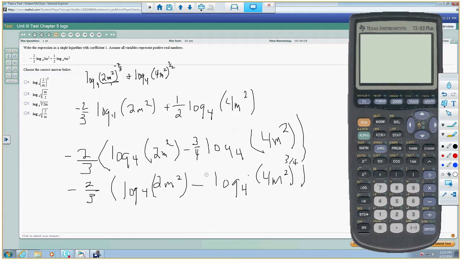And now we can do this. So that's going to be negative 2/3 times log base 4 of what? 2m squared over parentheses 4m squared to the 3/4.